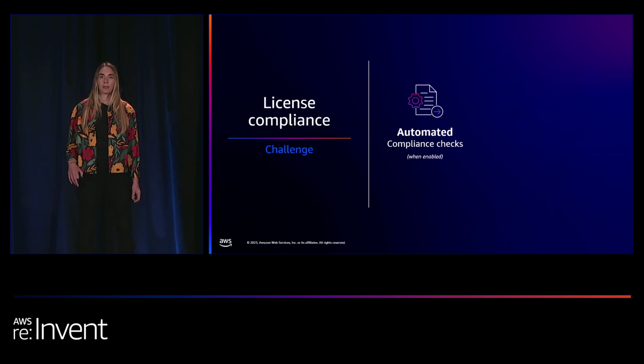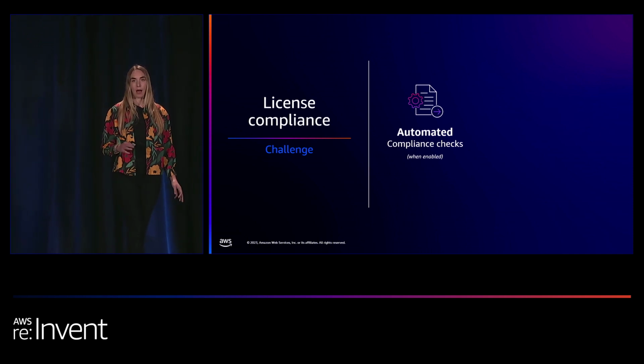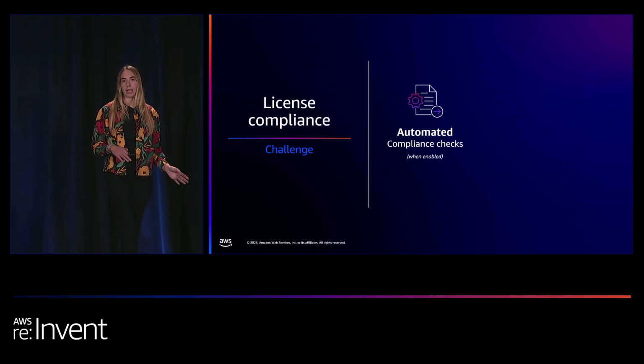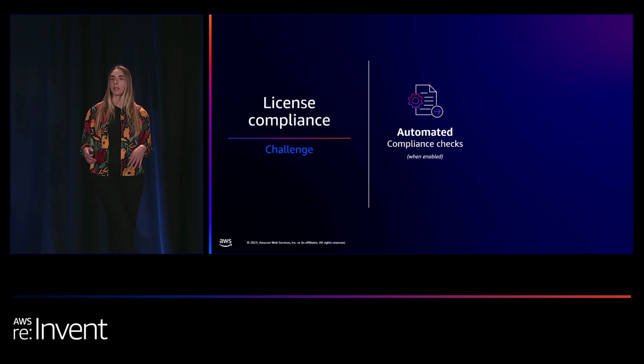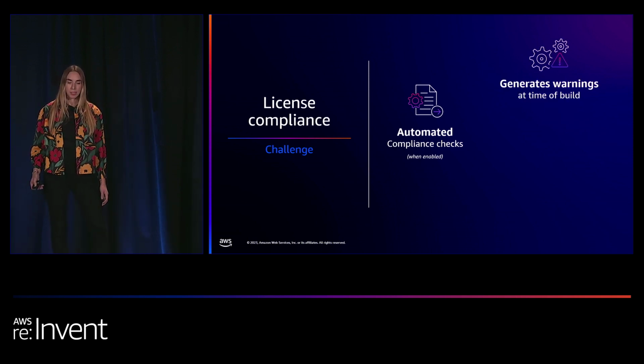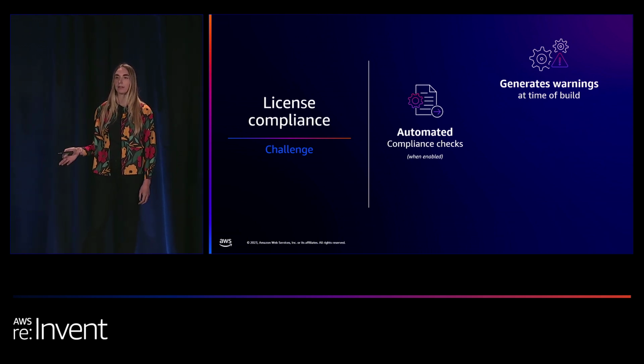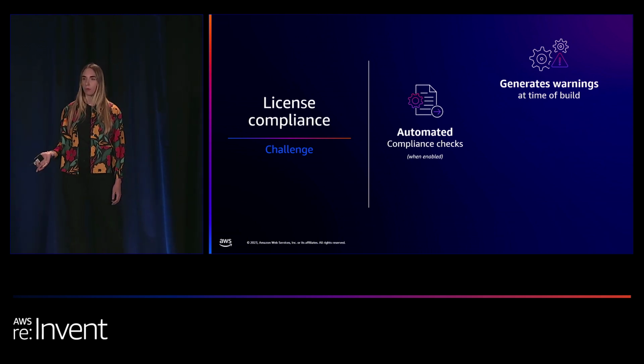The cool part is you can customize that list, so you can ask for that check to include certain things or exclude certain things based on the needs of your organization. And the build process generates warnings for license requirements that fall outside of that list. So it's flagging it for you and saying, hey, you need to go take a look at this.